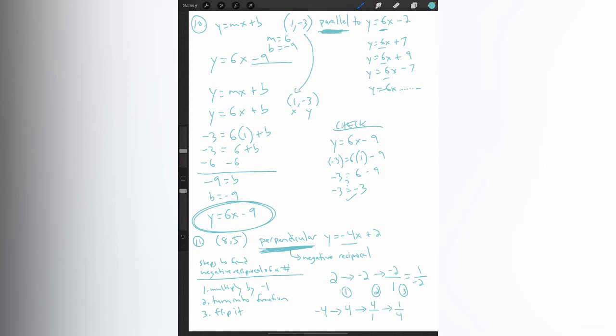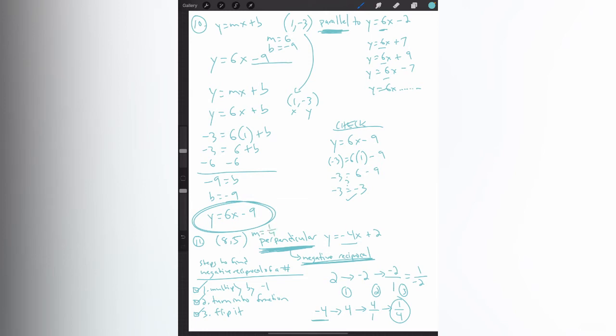Right? So I followed these 3 steps. Multiply by negative 1, turn it into a fraction, and then flip it. So this number eventually became this. And that's how you would find the negative reciprocal. So I know starting off here, my slope is going to be 1/4.